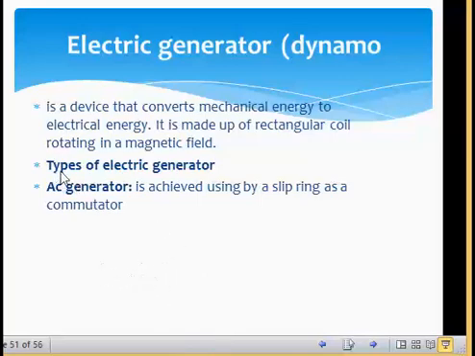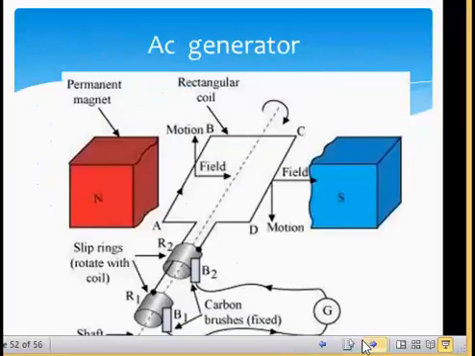Now let's look at types of generator. Generators are divided into two types: the AC generator, alternating current generator, and the DC generator. How is the AC generator constructed, and what makes it an AC generator? This is an AC generator, as you can see here.